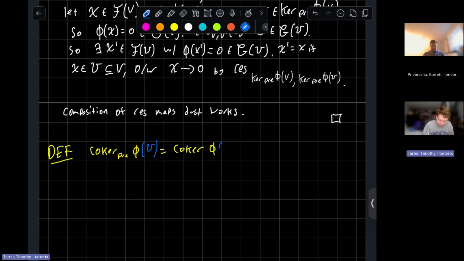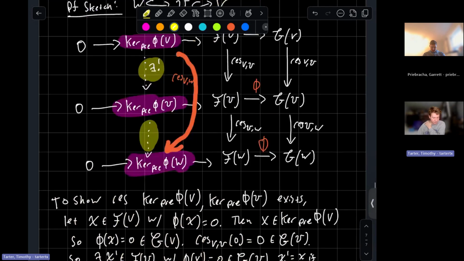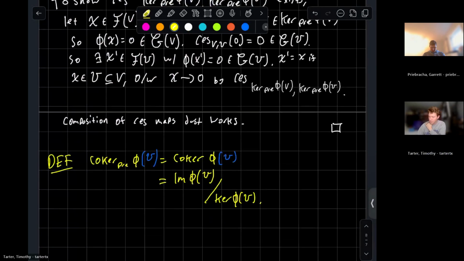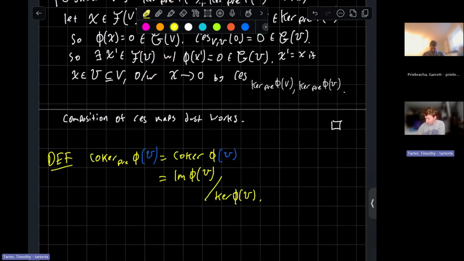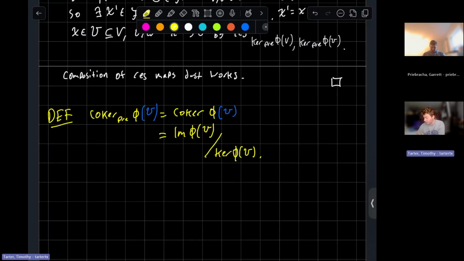Over U, which is equal to the image of phi over U mod the kernel of phi over U. And yeah, the rest was history. Or not. Exercise. The co-kernel deserves its name.